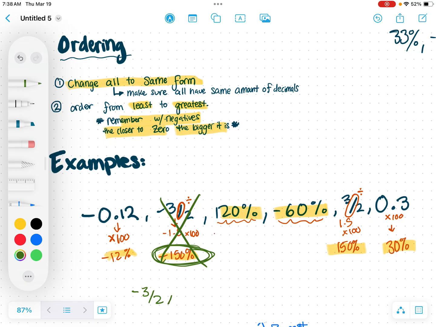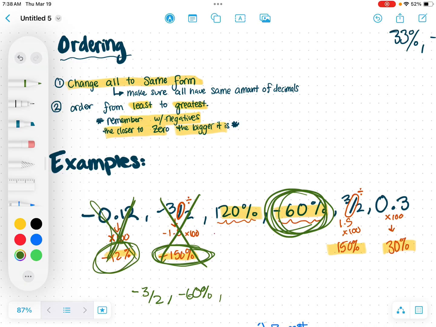So that way I know what I've used and what I still need to use. It looks like our next negative percent is going to be negative 60%. And then we'd have negative 12%, negative 0.12. Okay, so we got those.